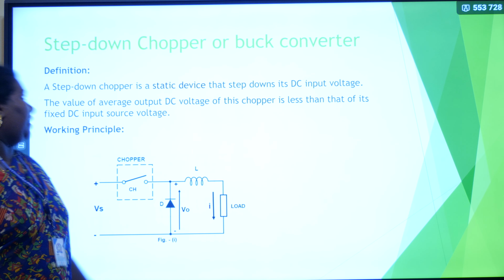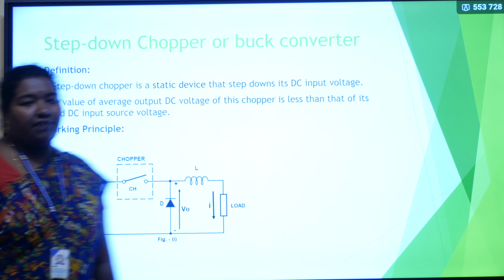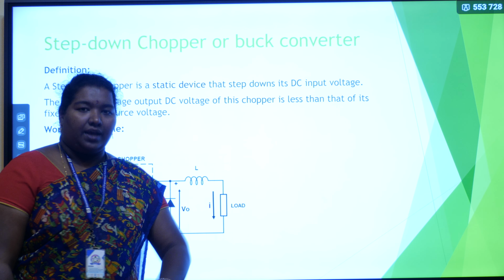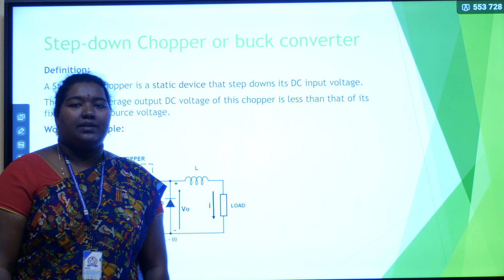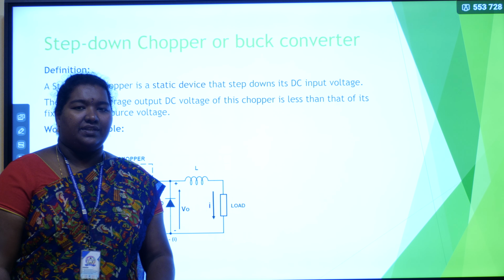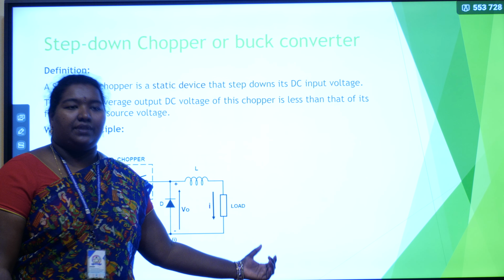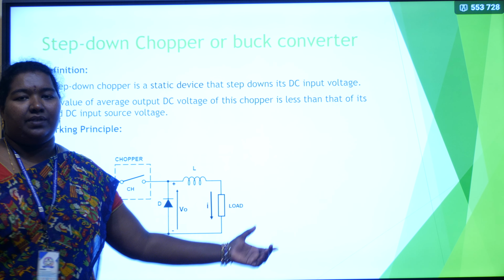In this slide we are going to present the step down chopper or buck converter. Converter and chopper are similar but there is a small difference. A converter converts one form to another, like fixed DC to variable DC.